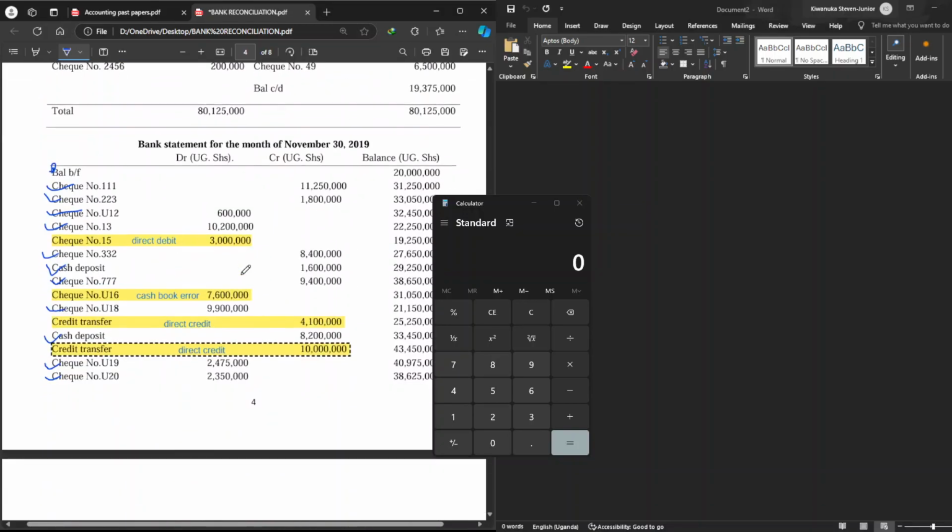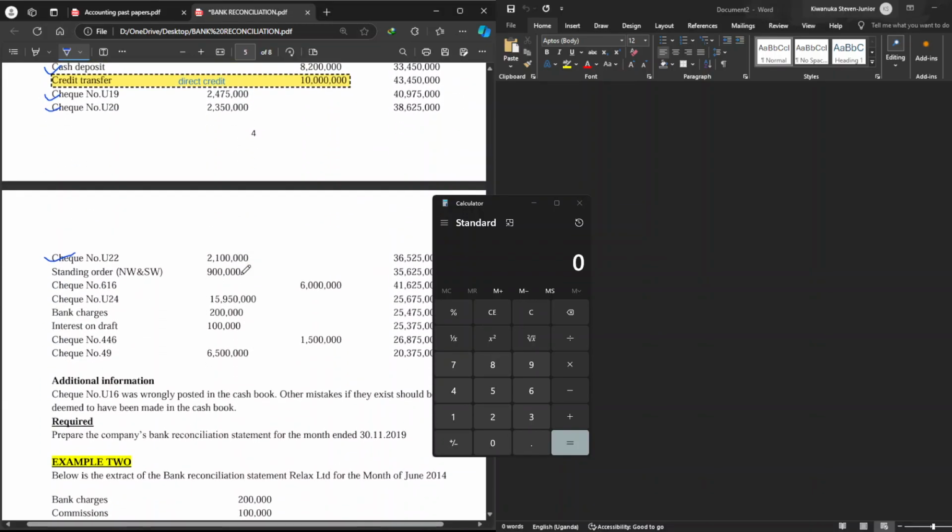So we'll note this one, and this one is called direct debit. Yeah, it is a direct debit.